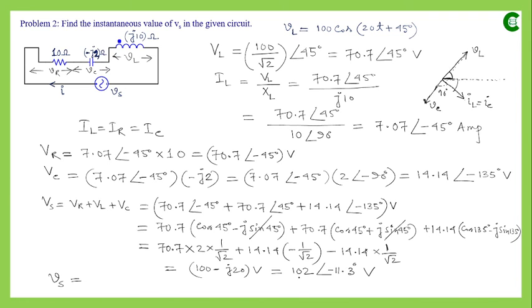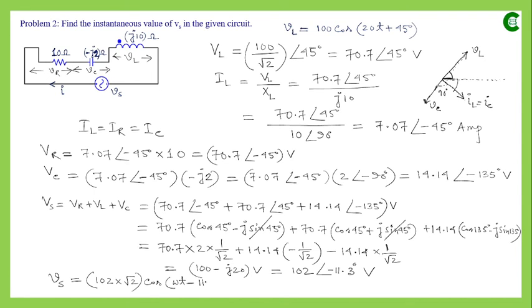Here this is the RMS value of the source voltage, so the maximum value will be 102 multiplied by root 2. As we know, RMS is equal to peak divided by root 2. And then VL was represented in the cosinusoidal form, so for VS also we will use the cosinusoidal form, so it will be cos omega t, and then the phase difference.